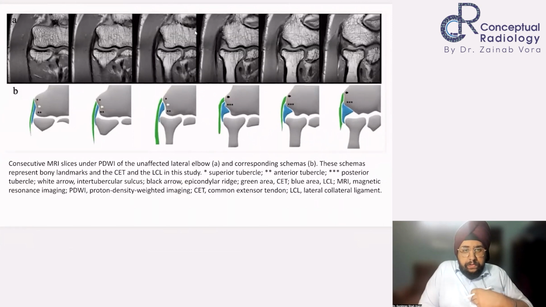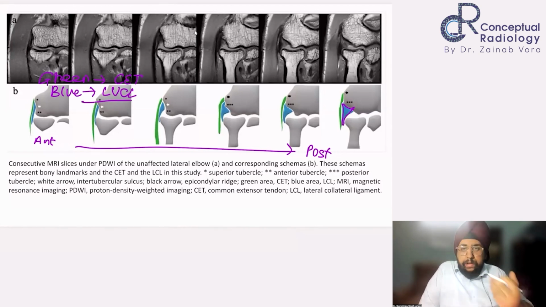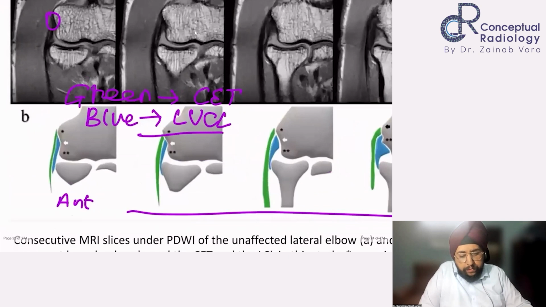So these are the images. As we move from anterior sections to more posterior sections, what you can see is that the green part here is your common extensor tendon, and the blue one here is your lateral ulnar collateral ligament complex. If you move from anterior to posterior, the bulk of the origin of the LUCL keeps on increasing. Anteriorly, you'll see that very few fibers of the LUCL are visible.